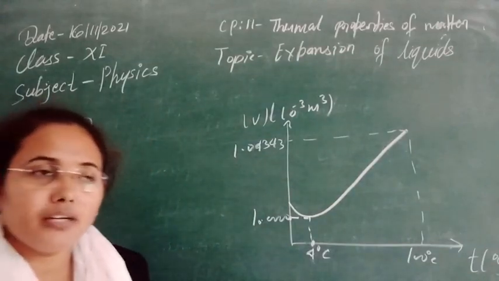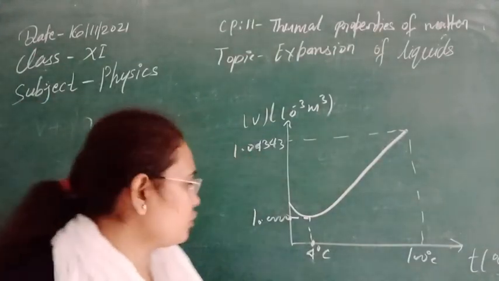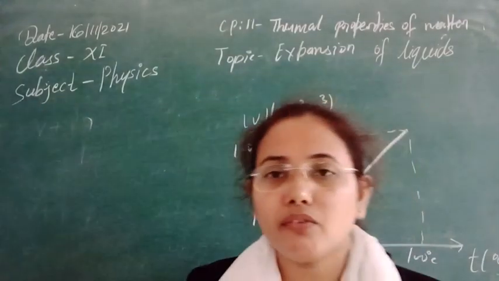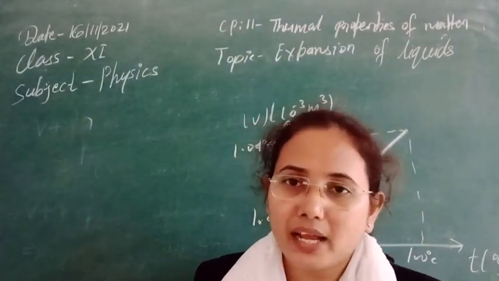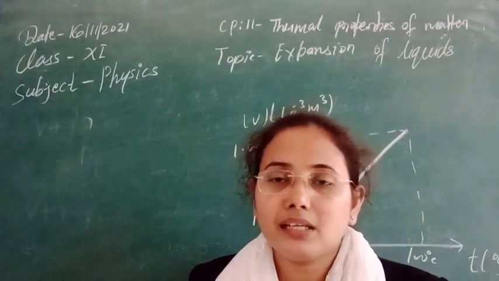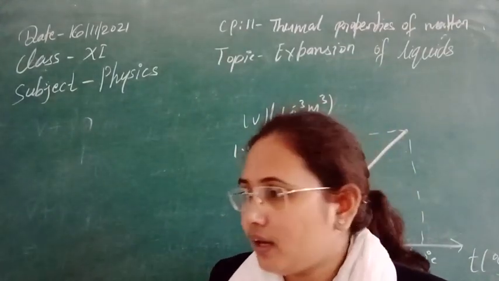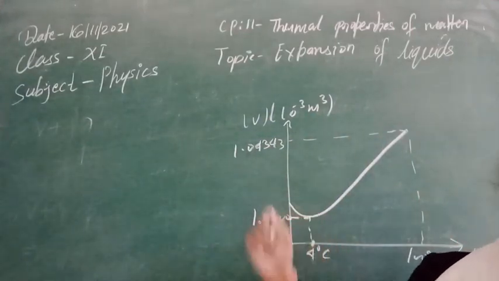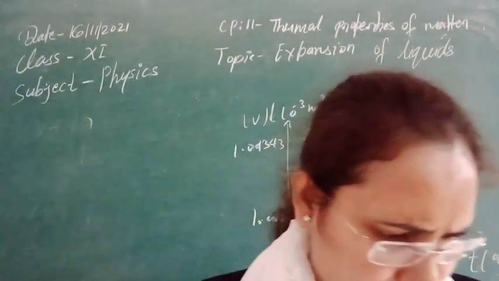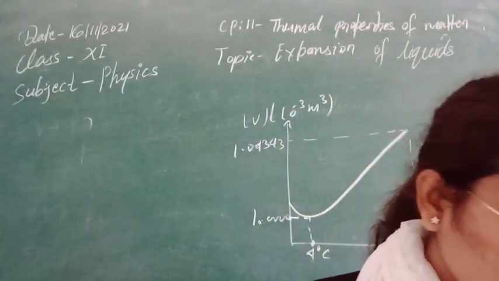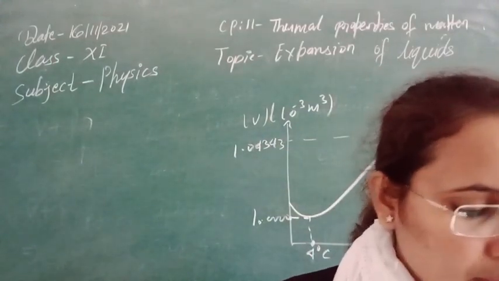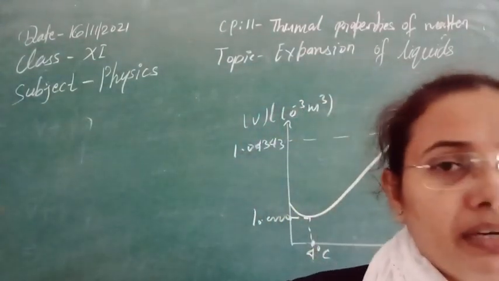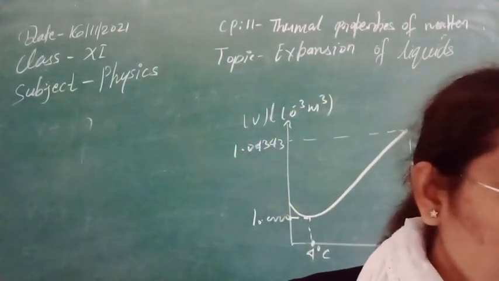So the behavior of water changing from 0 to 4 degrees Celsius is known as anomalous behavior, while other liquids expand due to increment in their intermolecular forces. We can measure this anomalous change in water with a dilatometer.